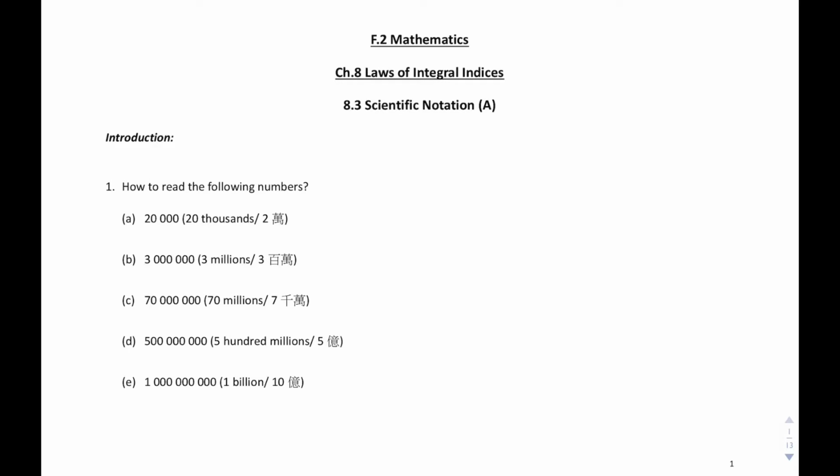For A, we have 20,000, and in Cantonese it is 2,000. B, we have 3,000,000. In terms, there are 6 zeros, so this is 3 million. C, this is 70 million, 7,000,000.